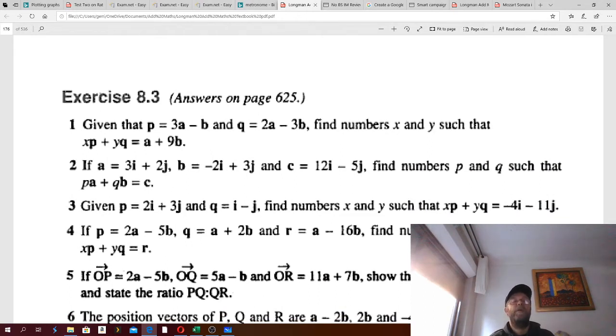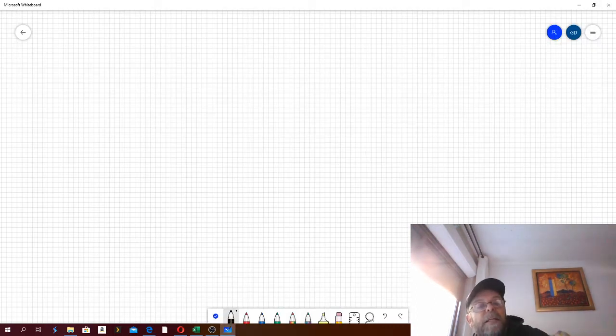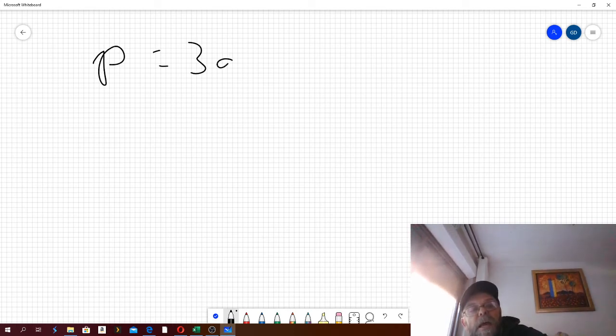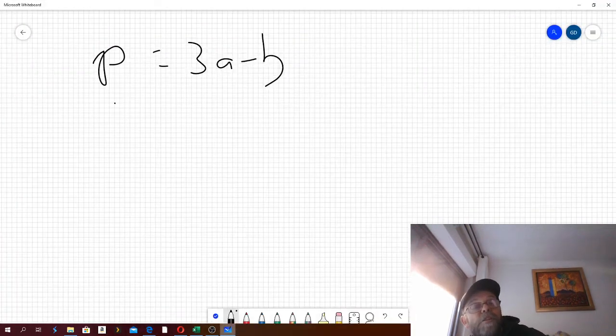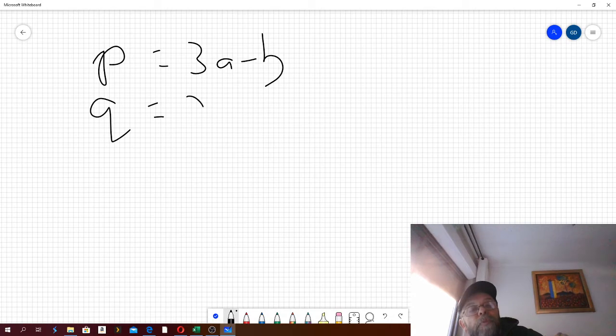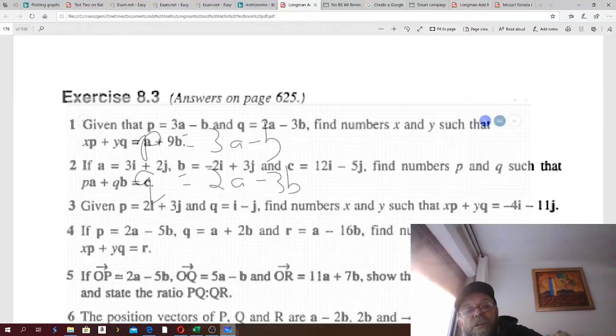Exercise 8.3, number 1. They told us that the vector P is 3a minus b. Let's write that out. So P equals 3a minus b. They also told us that the vector Q is 2a minus 3b. So those are the components of each of those vectors.